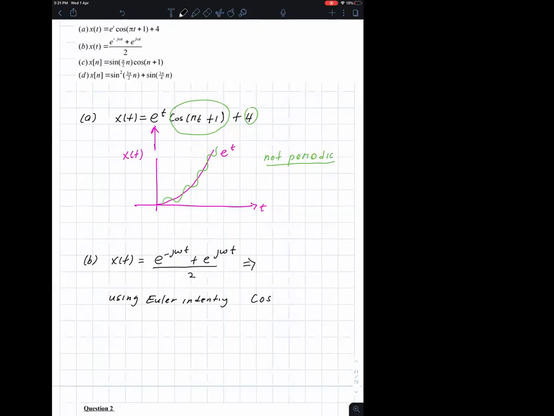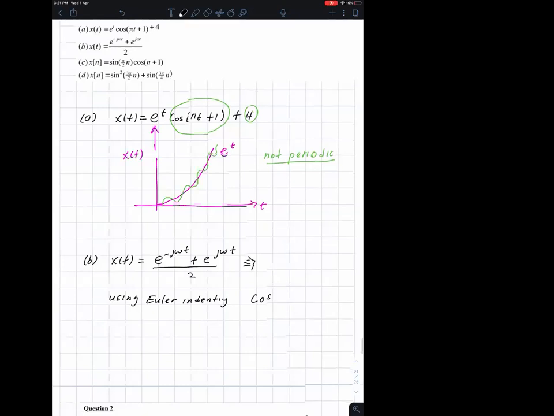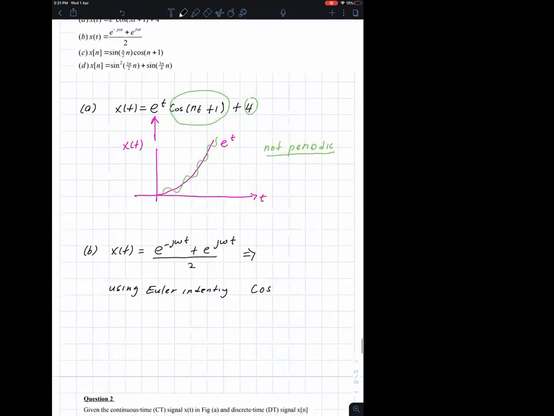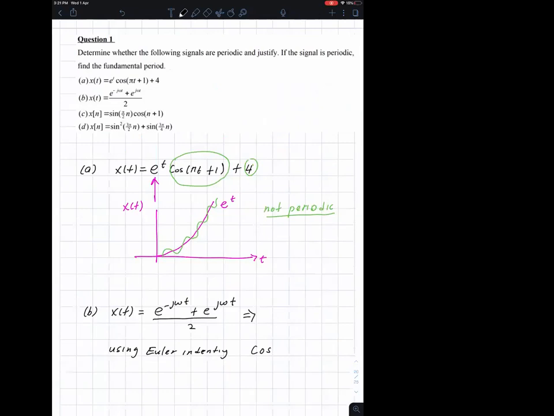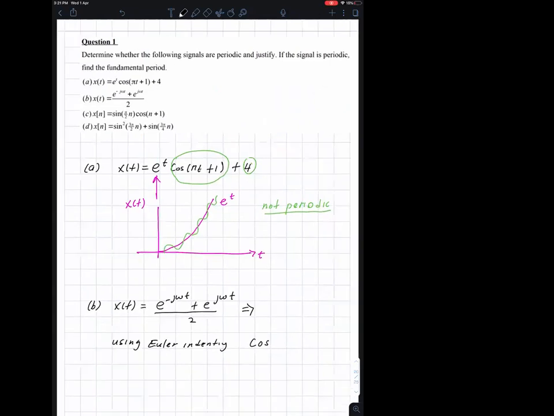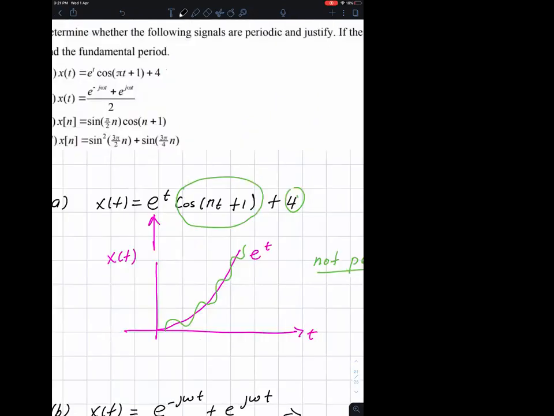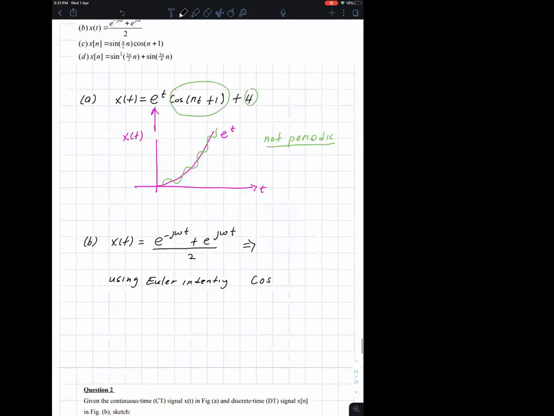Let me look at the question again. According to this Euler identity, this is equal to cosine.